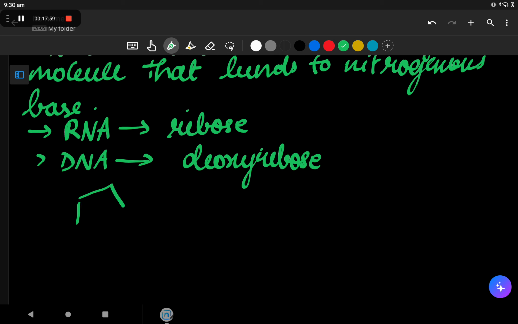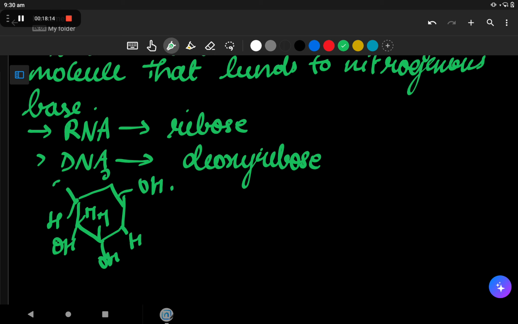A normal ribose in RNA will look like this: O, H, OH, H, H, OH, H, OH, OH. Right? In all the edges we have OH in RNA ribose sugar.